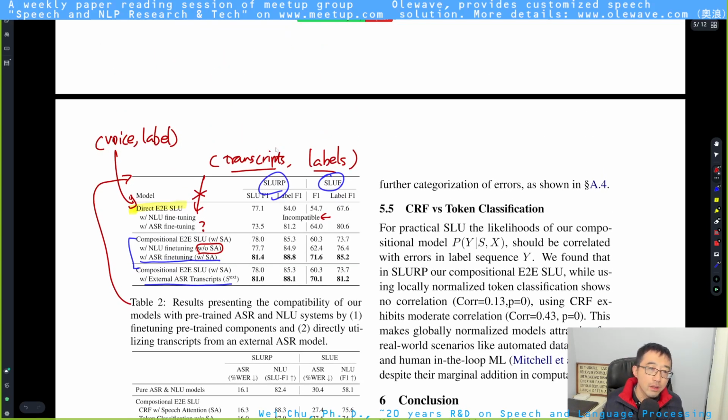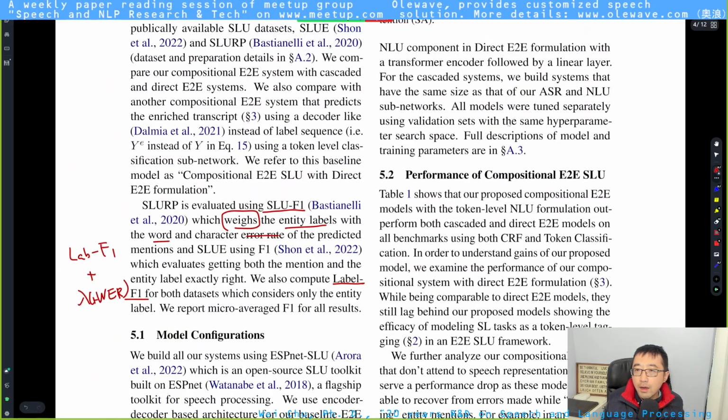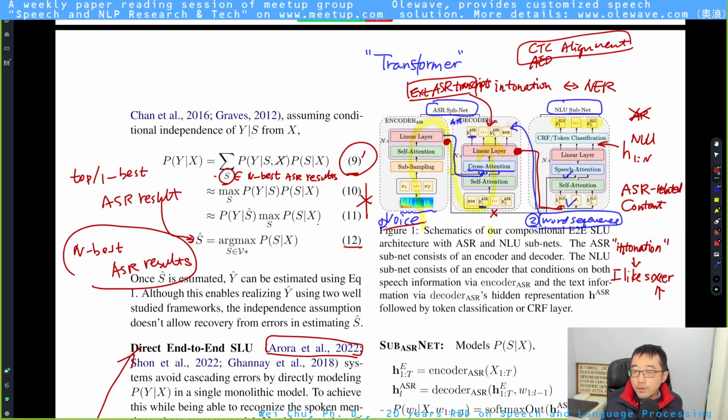Let me see if I could understand this using 2 minutes. Hope you're following with me with NLU fine-tuning. I think maybe the NLU fine-tuning they were talking about, let's fine-tune here.